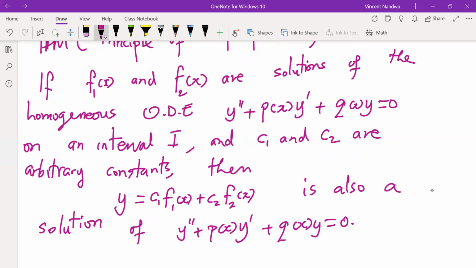So that's what we mean by principle of superposition. Remember, the same can be extended to higher order differential equations of the same structure.